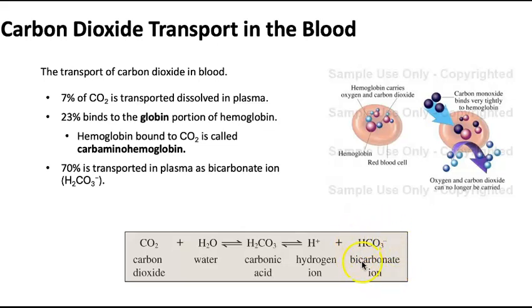So it stays as this bicarbonate ion as it moves through the blood in its plasma, and then let's say we have that blood travel all the way over to the lungs, I should say the pulmonary capillaries, and then it can revert back to carbon dioxide in the alveolus and be removed from the body through expiration or breathing out.